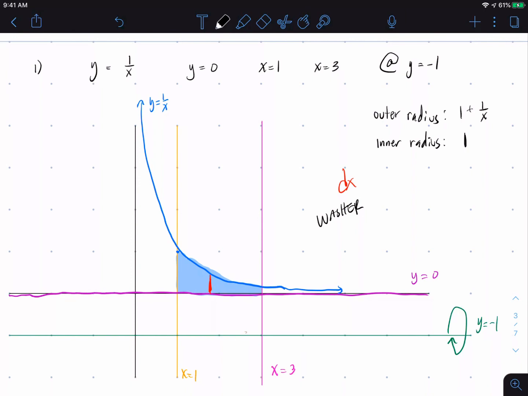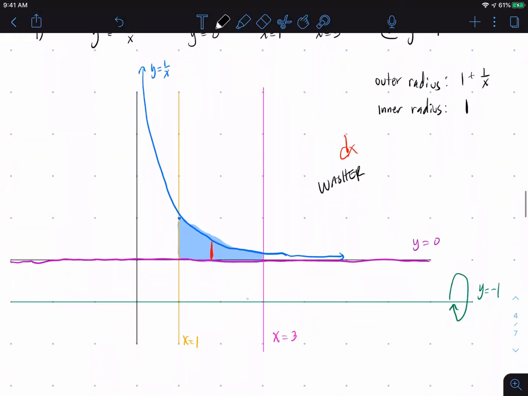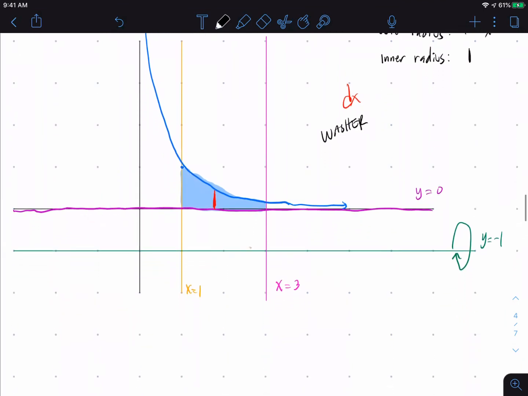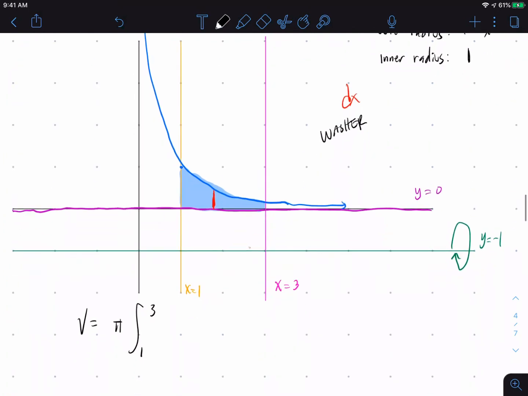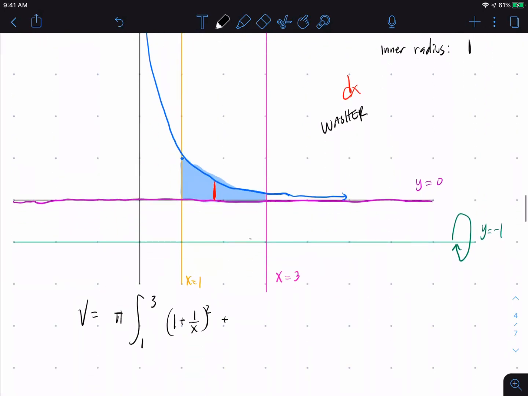Okay. So now when we set up the integral, what are the bounds from where to where? Very good. So we said the outer was 1 plus 1 over x, that quantity squared, plus 1 squared dx.